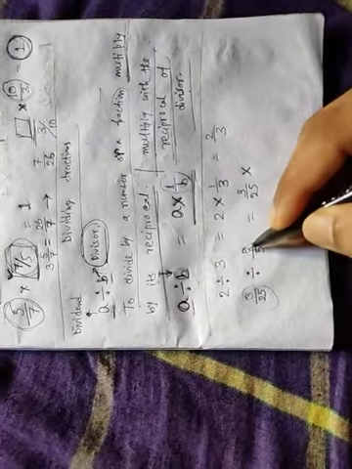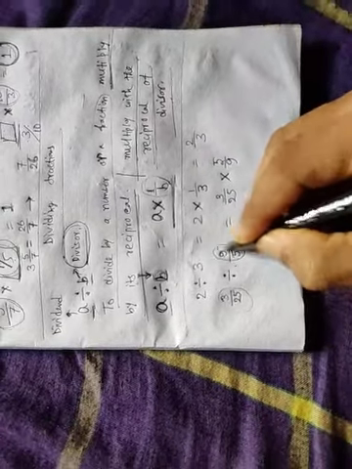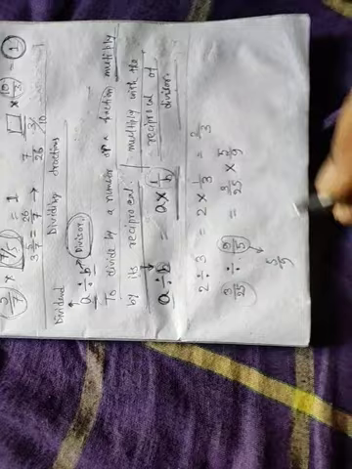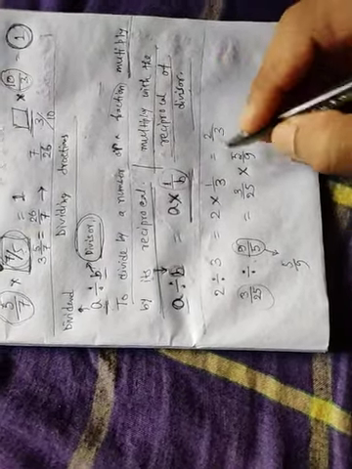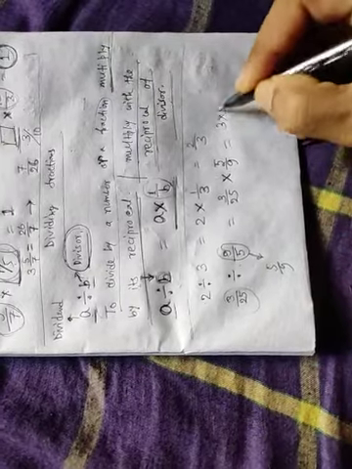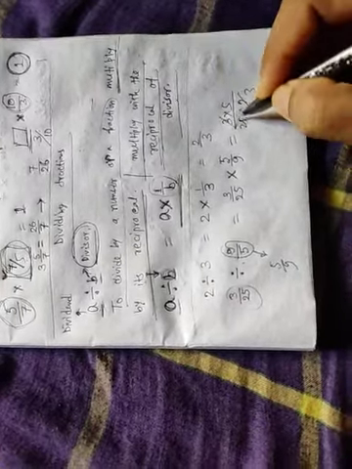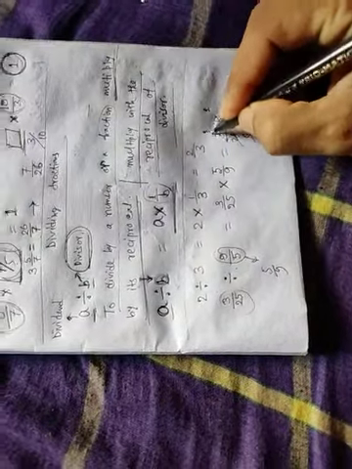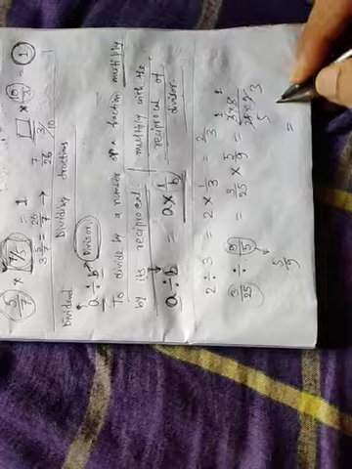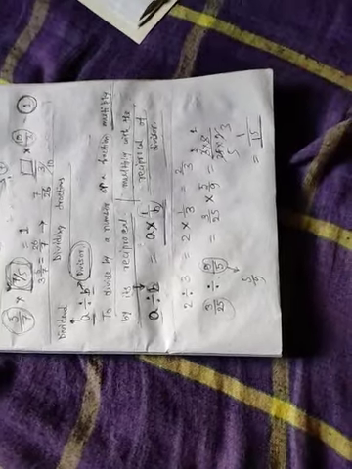Now it will not be 9 upon 5, it will be 5 upon 9. The reciprocal of 9 upon 5 is 5 upon 9. Now convert it into the lowest terms. 3 and 9, 5 and 25. It is equal to 1 into 1, 5 into 3, 15. So 1 upon 15 is the result.